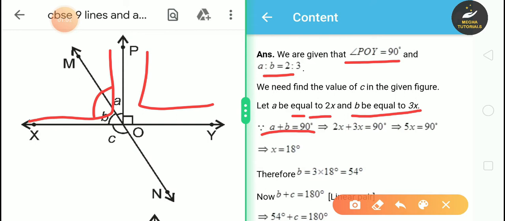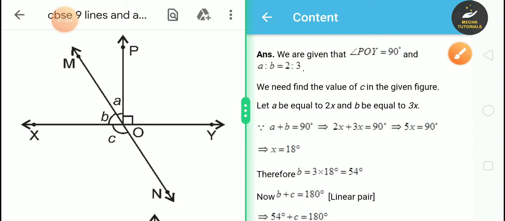So after putting the values I can write 2x plus 3x is equal to 90 degrees, which is 5x is equal to 90 degrees. Then using transposition x is equal to 90 upon 5, which is x is equal to 18 degrees. So I can put the value of x in a and b to get the respective values.